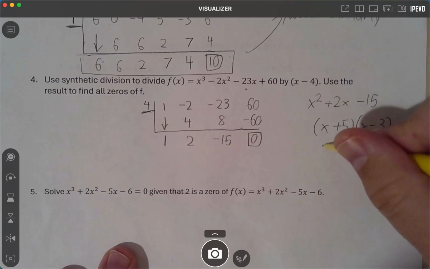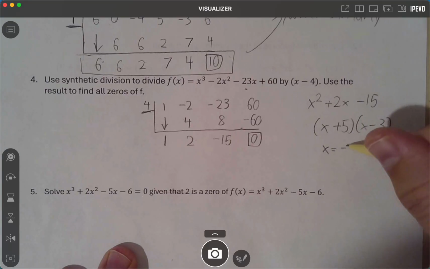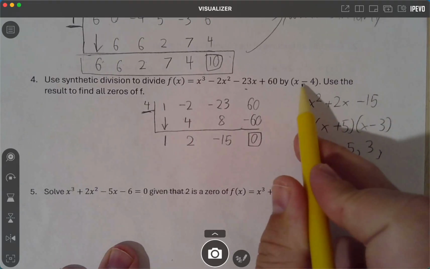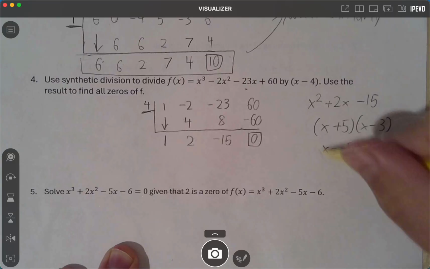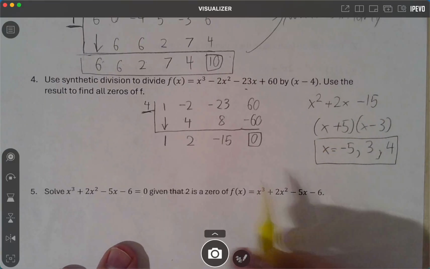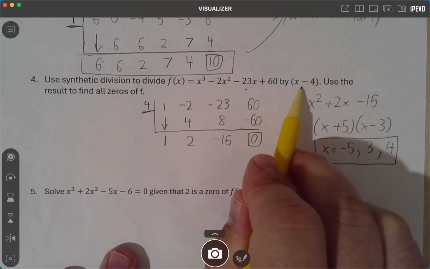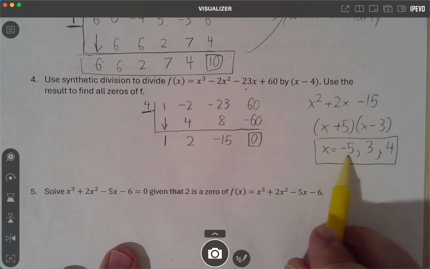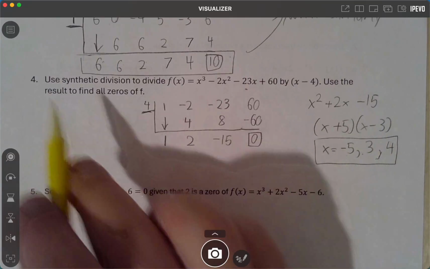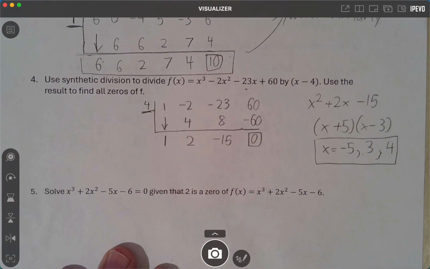And so I now found the last two roots of the 3, because don't forget that because this worked, 4 was a root as well. So my first root was given to me, and I found 2 more by factoring my result, or my quotient, so to speak, or my leftovers after synthetic division.